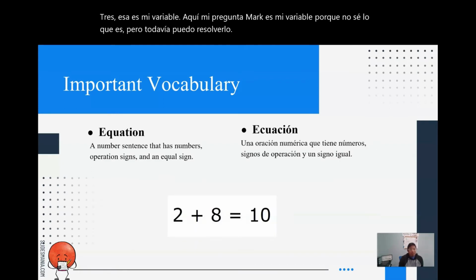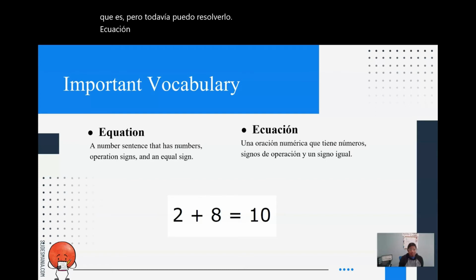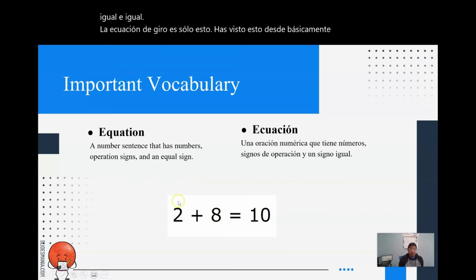Equation, a number sentence that has numbers, operation signs, and an equal sign. So an equation is just this. You've seen this since basically 1st grade, okay? So an equation is 2 plus 8 equals 10. So how do I know this is an equation?